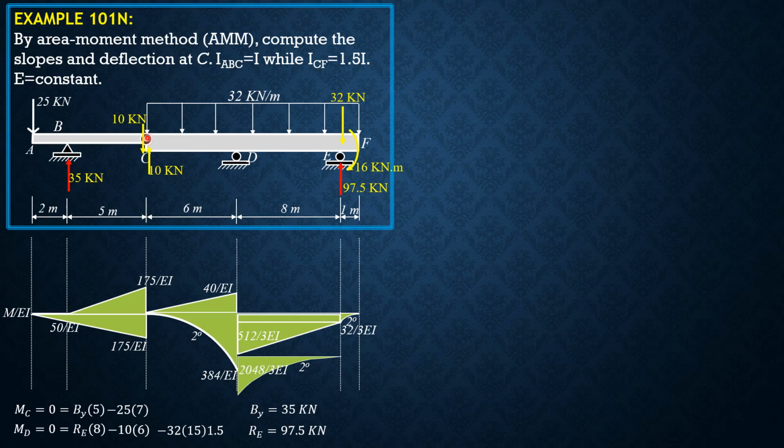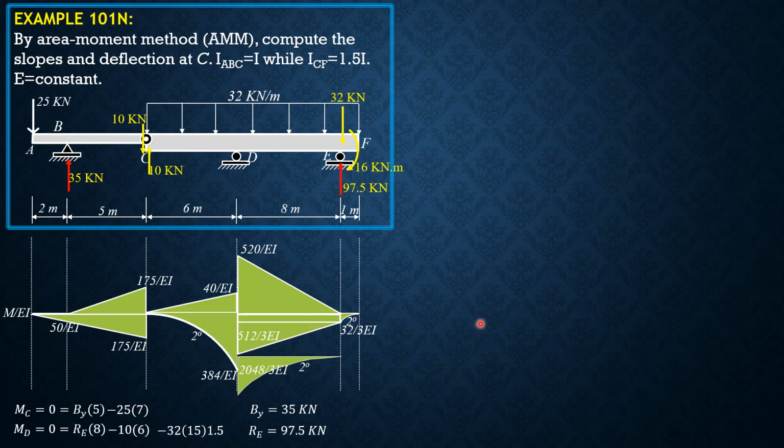Since we need the slope and deflection at C, we need the tangent at D, then transmit it there so that we can analyze. So therefore, we should compute the deviation of E relative to the tangent at D. And this is the moment due to the reaction, 97.5 times 8 divided by 1.5, which is 520 over EI. So this is the complete moment diagram by parts.